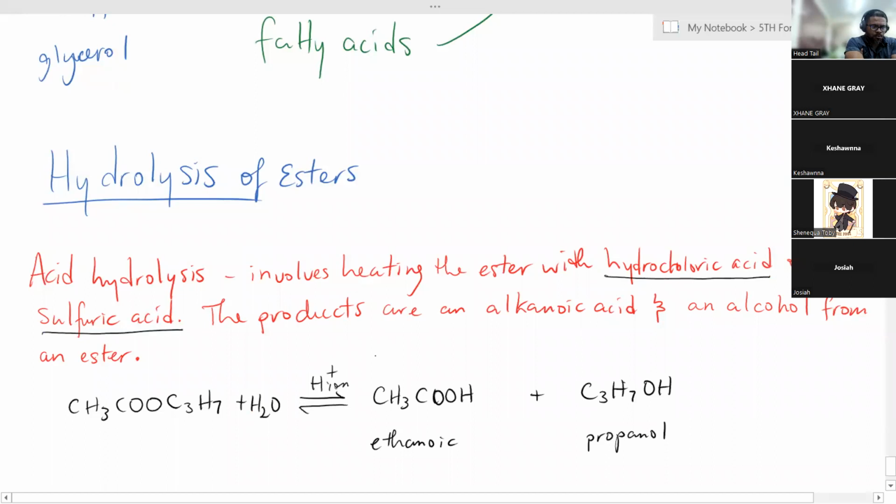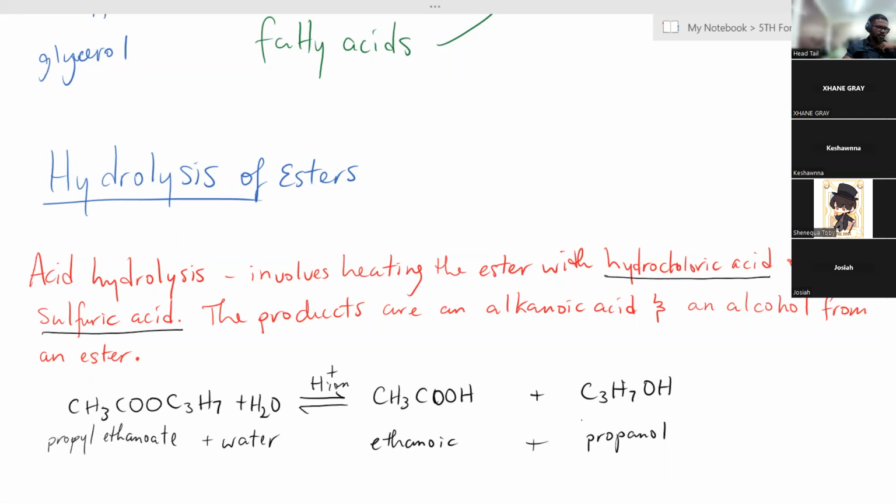So now just put H plus ions, it could be any of the acids. Okay. And here, of course, it was propyl ethanoate and water. All right. So that is what the case is here.